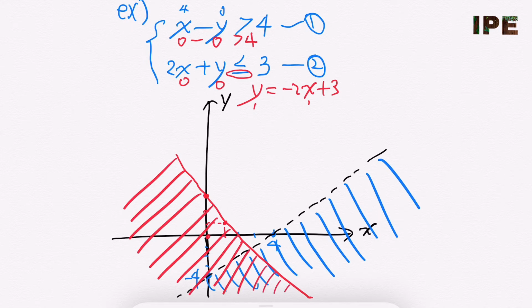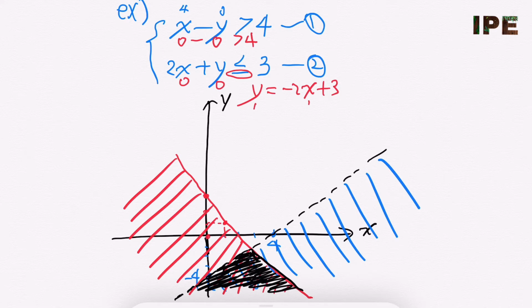So which part of this plane can be the solution for both? This side, the final answer, right? That means any point in this area actually satisfies both inequalities.